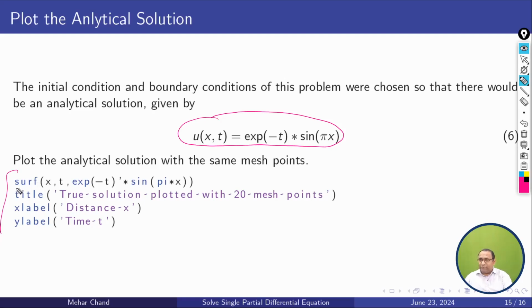Here we are using surf(x, t, ...). The input values of x and t will be the same as for the numerical solution, and this is the analytical solution. For the title, you can put true solution plotted with the 20 mesh points, then x label, y label, and you can also use a z label here.